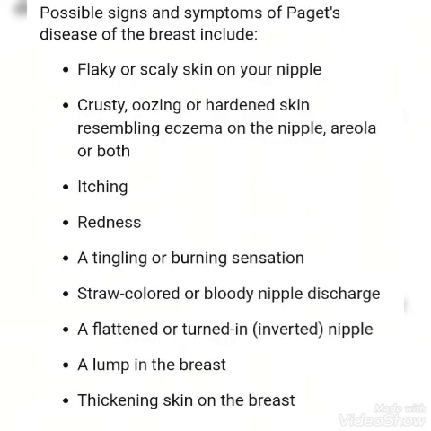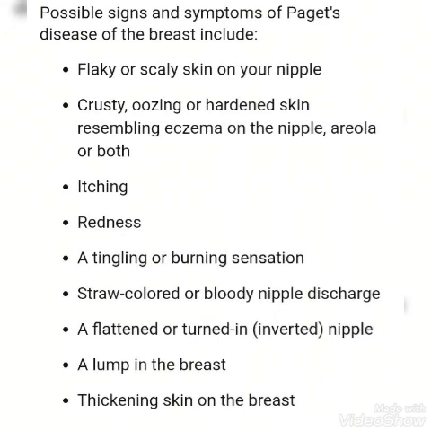So in clinical manifestations you can see symptoms like flaky or scaly skin on the nipple. There is formation of crust and the skin gets hardened, and there is eczema on the nipple and areola, with itching, redness and burning and tingling sensation. There is straw colored or bloody nipple discharge.